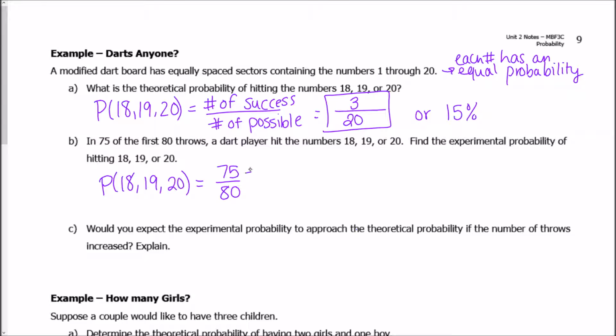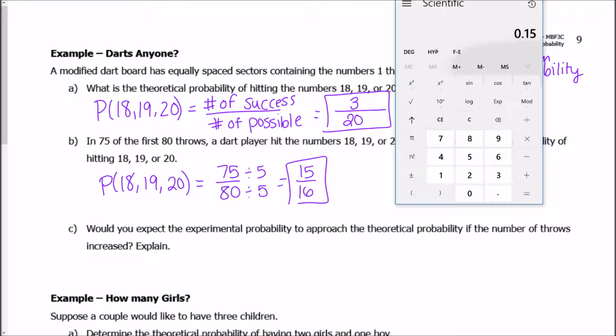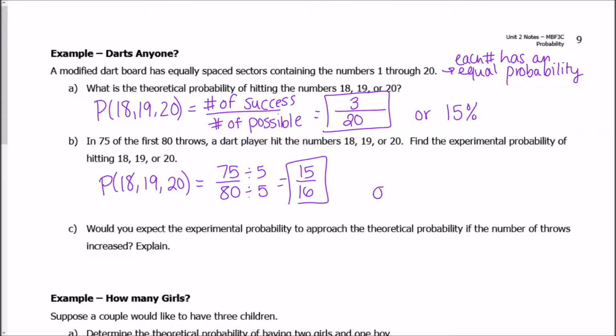Both of these numbers are divisible by 5, so I end up getting 15 out of 16. Now let's calculate what that is as a percent. That's about 94%. Theoretically, we would expect that 15% of the time you're going to hit 18, 19, or 20, but experimentally it's a totally different case. It's 94% of the time.